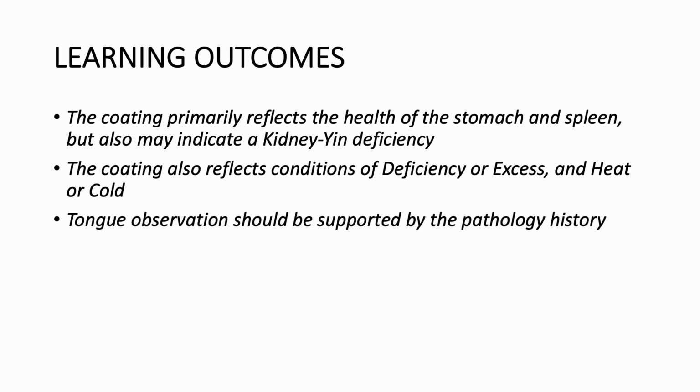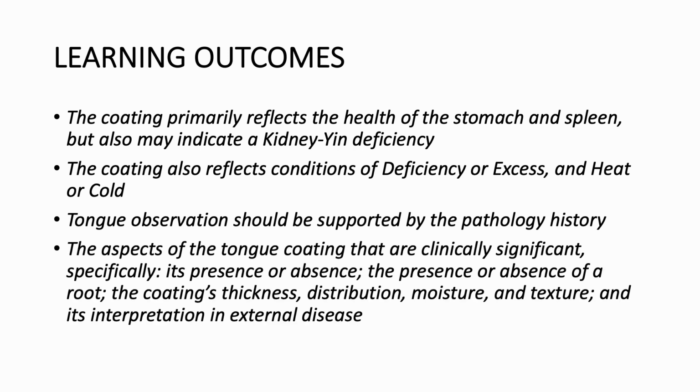Tongue observation should be supported by the pathology history. The aspects of the tongue coating that are clinically significant are its presence or absence, the presence or absence of a root, the coating's thickness, distribution, moisture, and texture, and its interpretation in external disease.